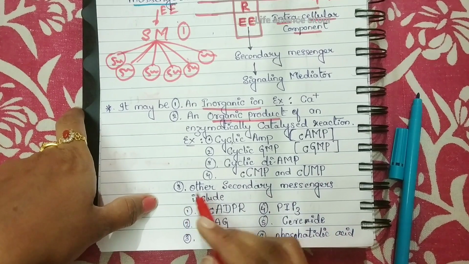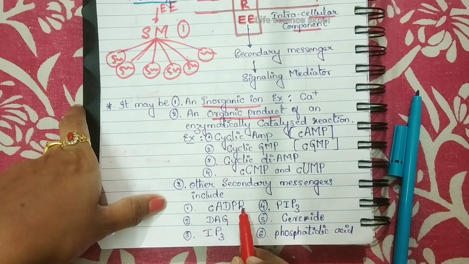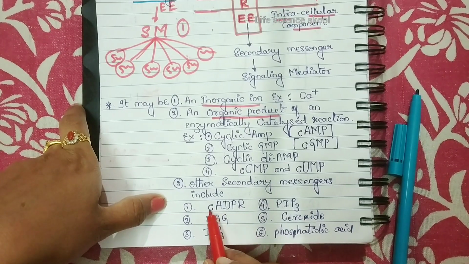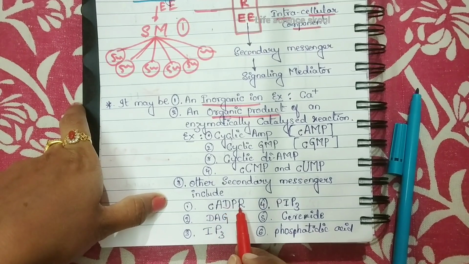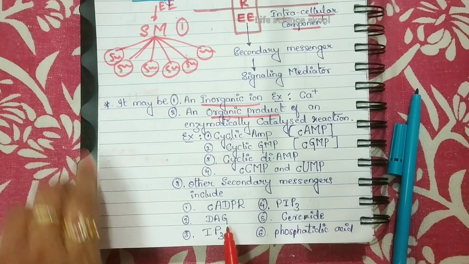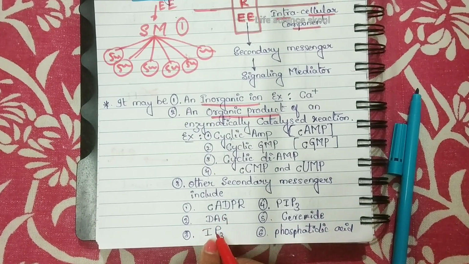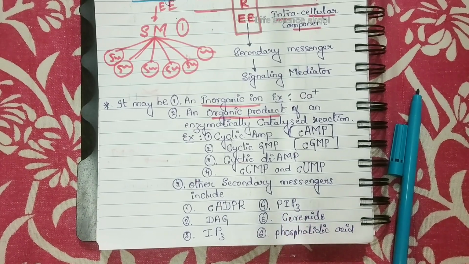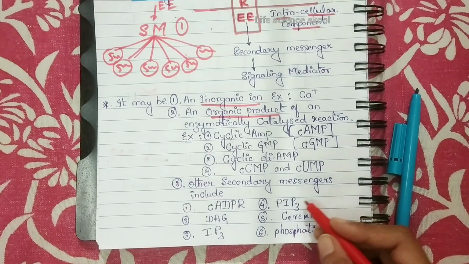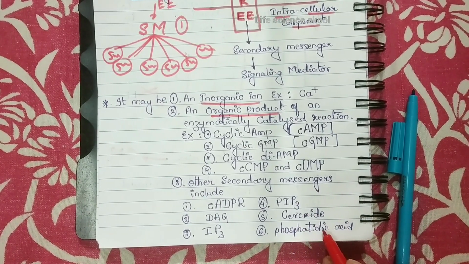And then the third type, other secondary messengers, includes cADPR. What is this cADPR? It is cyclic ADP ribose. The second one is DAG, meaning diacylglycerol, IP3 meaning inositol triphosphate, then PIP3, meaning phosphatidylinositol. Then the next examples are ceramide and phosphatidic acid.